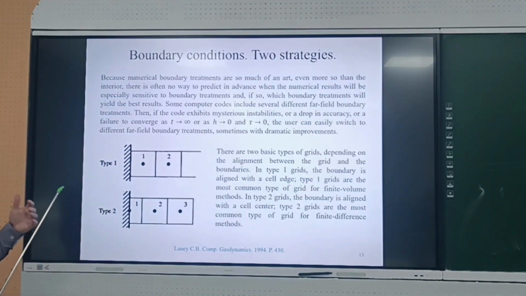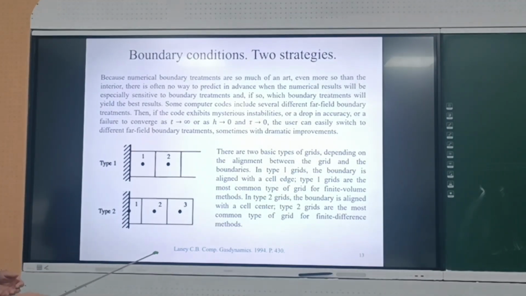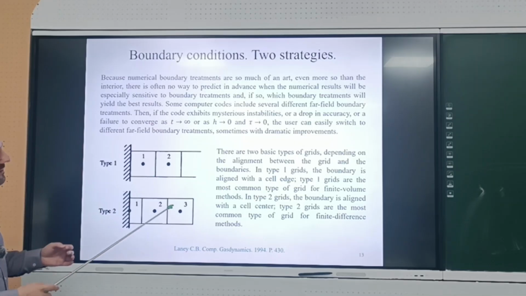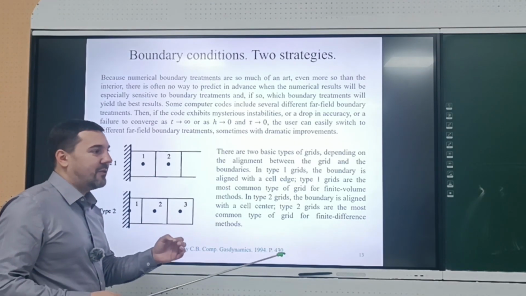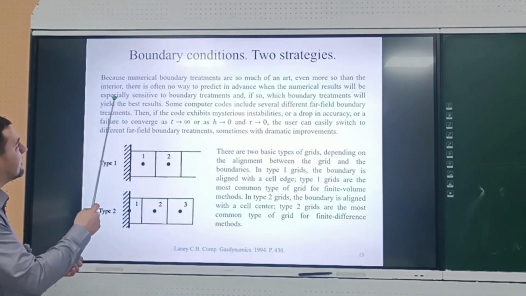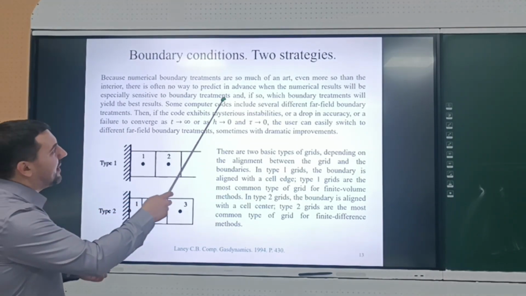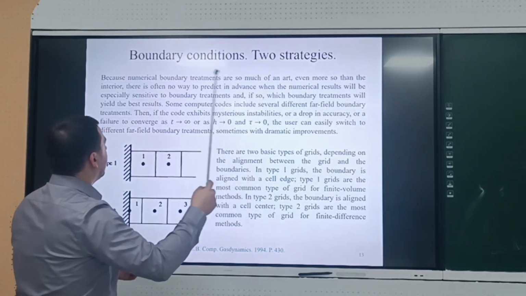There are two basic strategies for how to implement the boundary conditions in programs. I enjoy this book of Lenny because he provides very straightforward statements on the relative computations. Because numerical boundary treatments are so much of an art, even more than the interior.